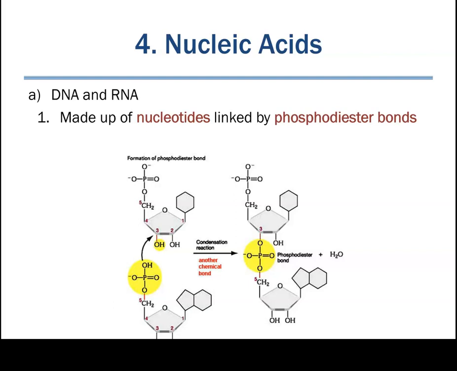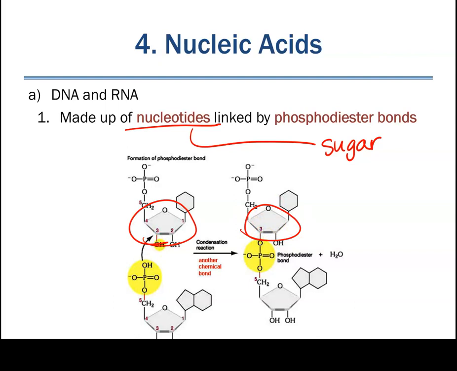I said you needed to know the monomers that make up each of these molecules. So let's talk about those. The monomers that make up DNA and RNA are nucleotides. Now, nucleotides are made up of three parts. A nucleotide is made up of a sugar.